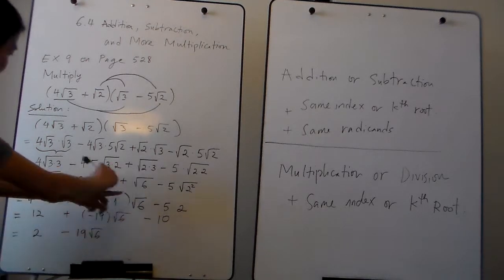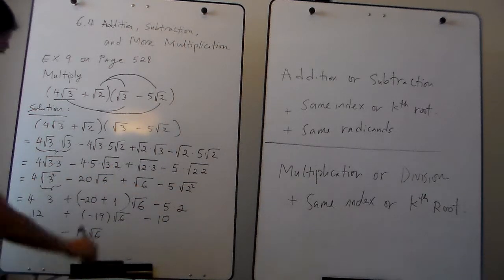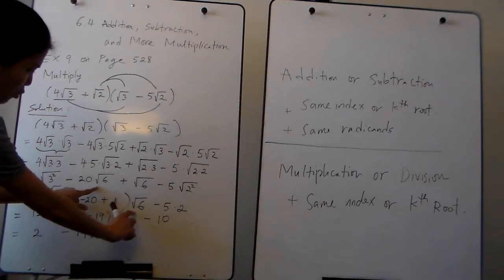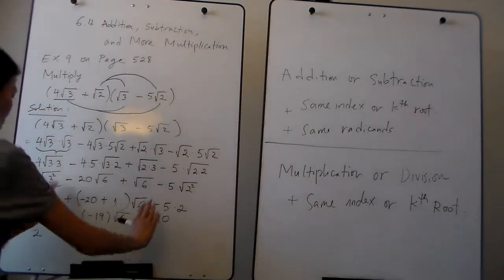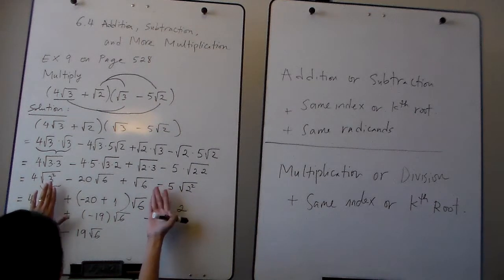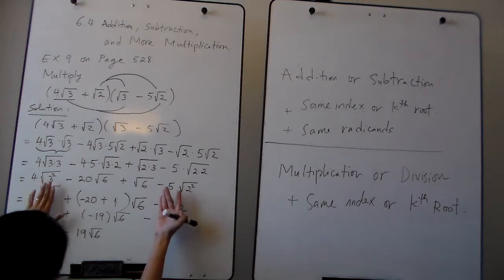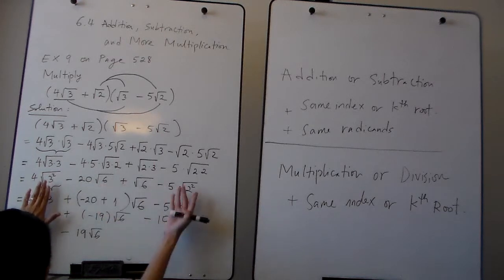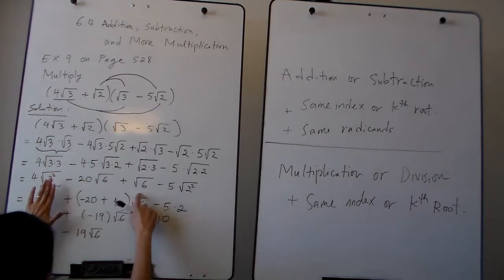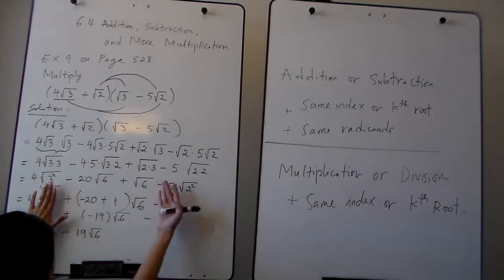That means you would combine them by writing the two terms that involve square root of 6 as only one term that has square root of 6, which is here. Okay? And then when you combine them, you're adding the coefficients. So the coefficient of this term is negative 20. So that's why you have it here. And the coefficient of this term is 1, that's why you have 1 here.